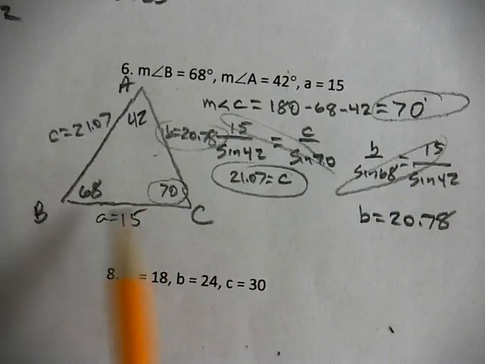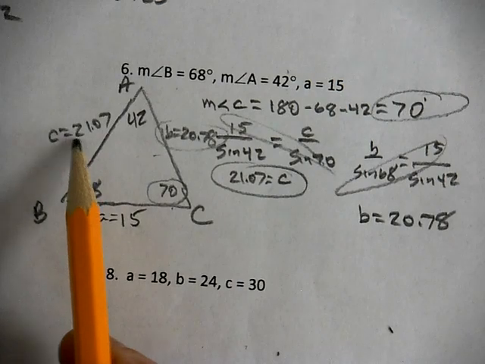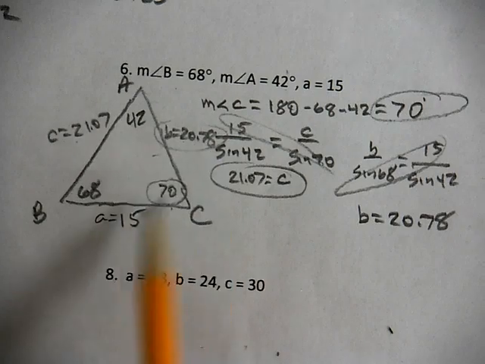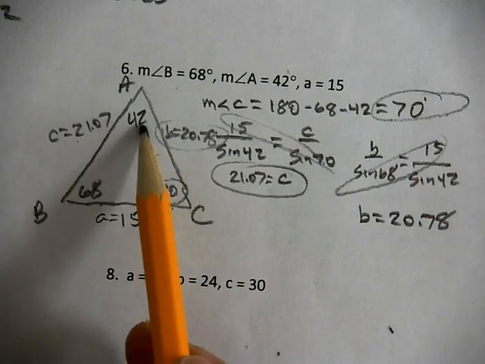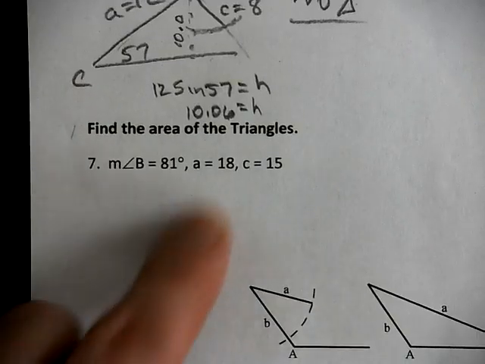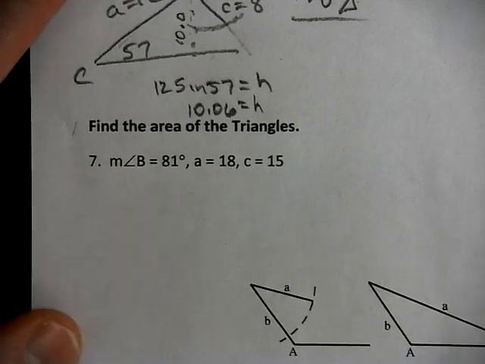So the largest angle, 70, has 21. The medium one, which is super close to that, has 20. And then the one considerably smaller is smaller.